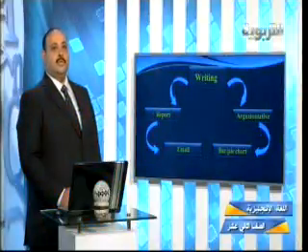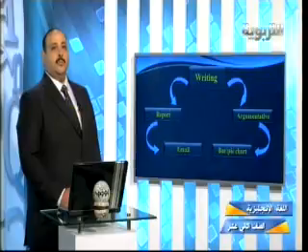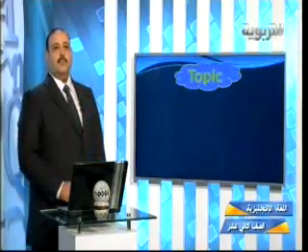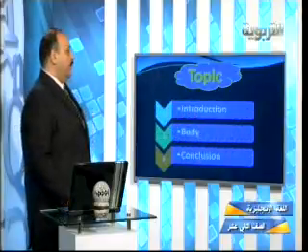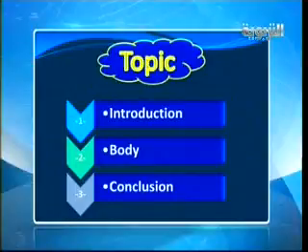What I'm going to do is to explain each one of them. I'm going to give you examples and to teach you how to plan and to write these types of writings. Now, before we start, it's important to know that any writing or essay you're going to write should have 3 main parts. What are they? You have the introduction, and then you have the body, and then you have the conclusion.